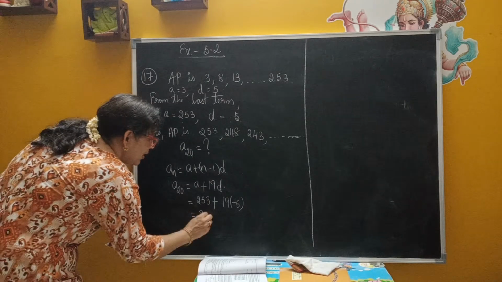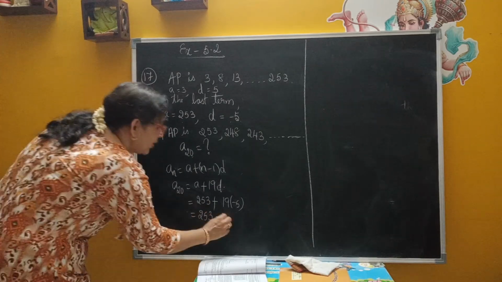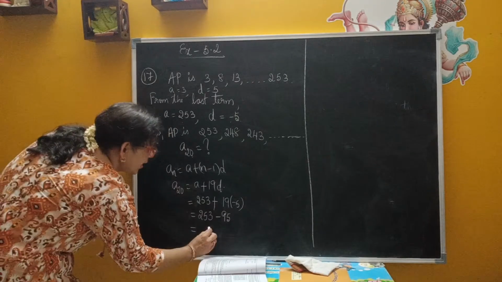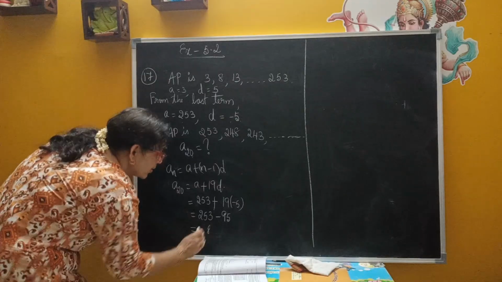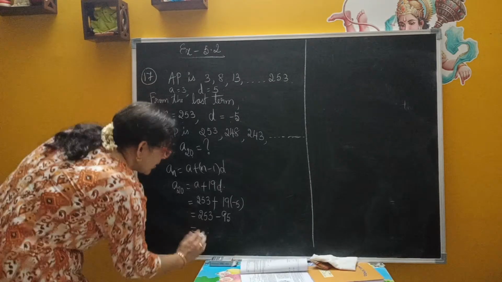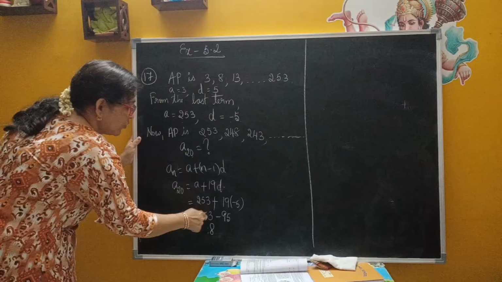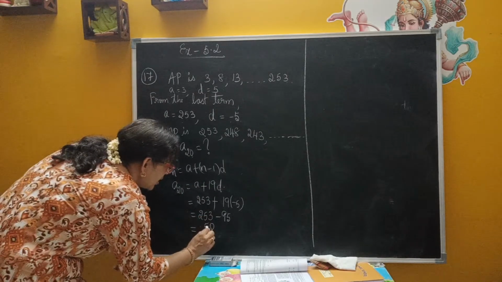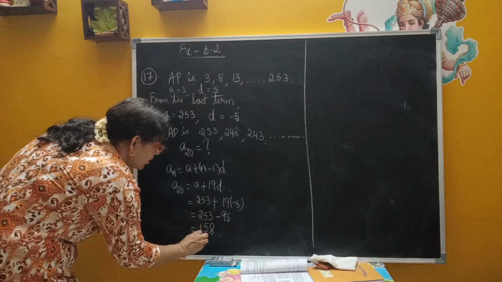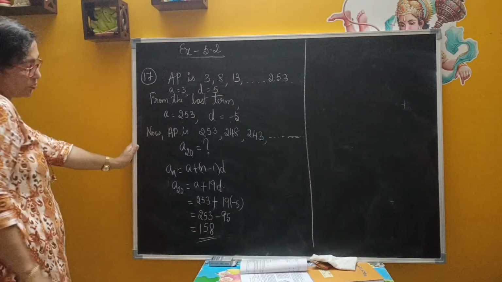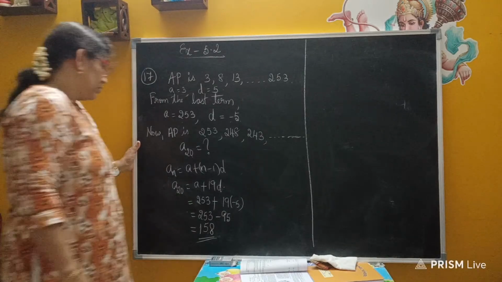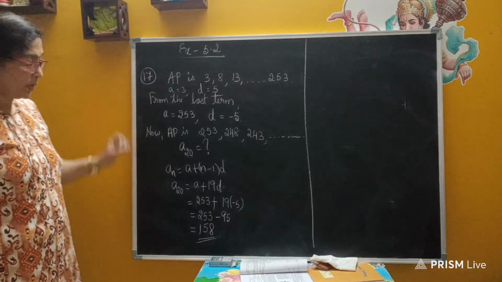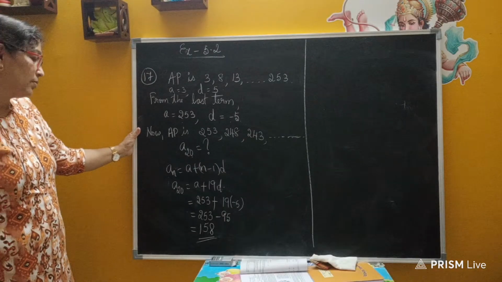So 253 minus 19 fives, which is 95. Subtract it now. 13 minus 5 is 8. Next, 14 minus 9 is 5. Here we get 158. Okay, it is 158. So the 20th term is 158.